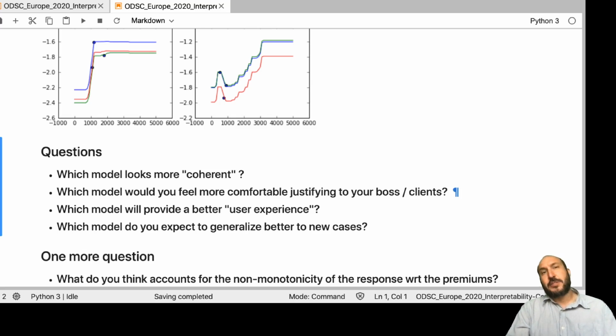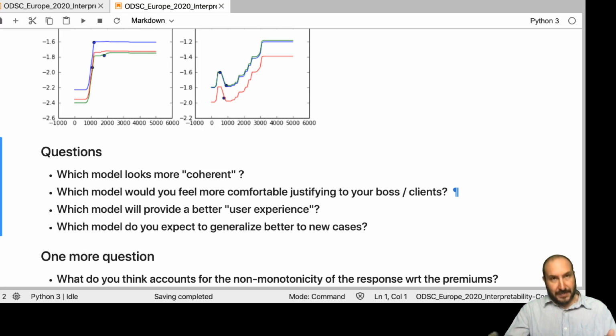And also, which model do you expect to generalize better to new cases? Remember that when you're training, you're only judging the performance on the cases that you've seen already. What you want is something that's going to generalize well to the cases you haven't seen, that it hasn't been scored on. And in general, if a model has a simpler, more coherent explanation, it will generalize better.